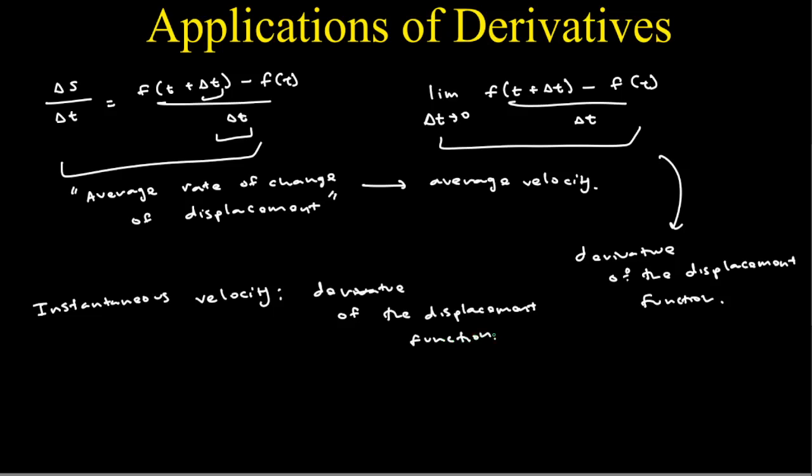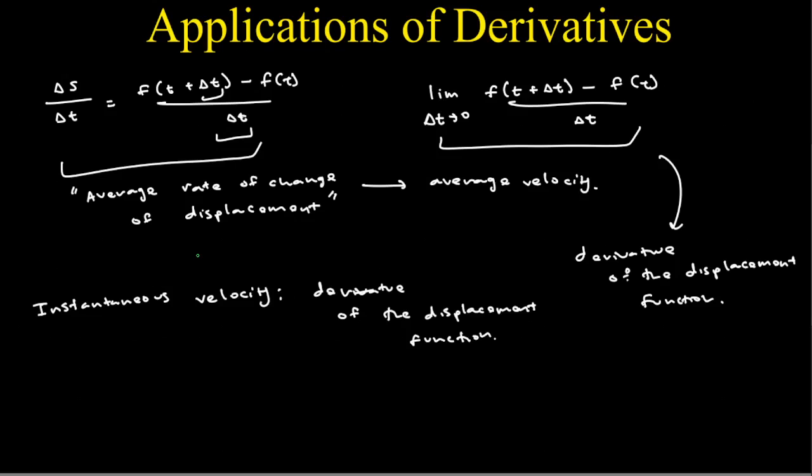So hopefully you guys are tending to notice some patterns here. Whenever terms are defined as the rate of change with respect to another function, we can find the instantaneous change in that function using the derivative of the original function.